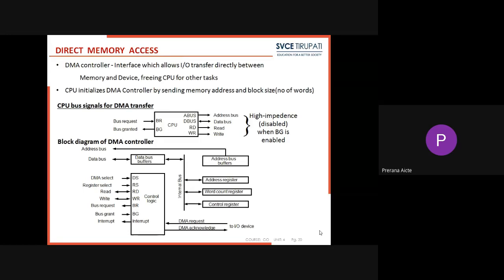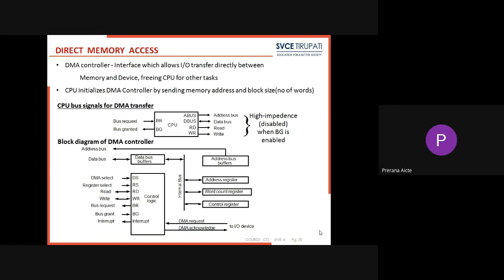The DMA controller has three registers: address register, word count register, and control register. The address register contains the address to specify the desired location in memory. The address bits go through the bus buffers into the address bus. The address register is incremented after each word is transferred to memory. And next one, word count register.